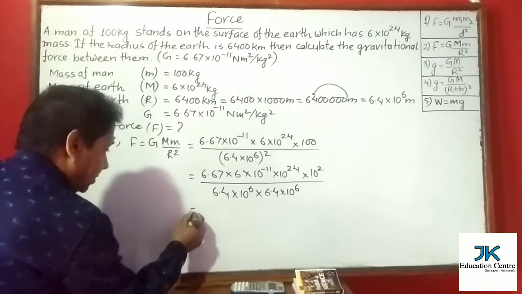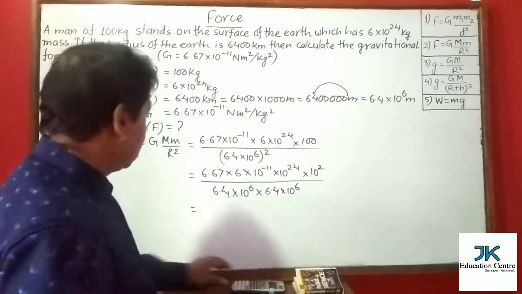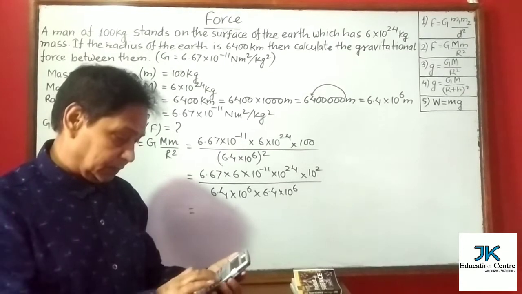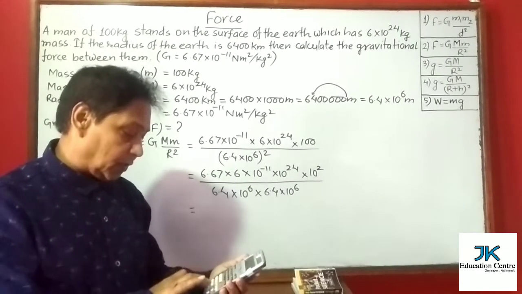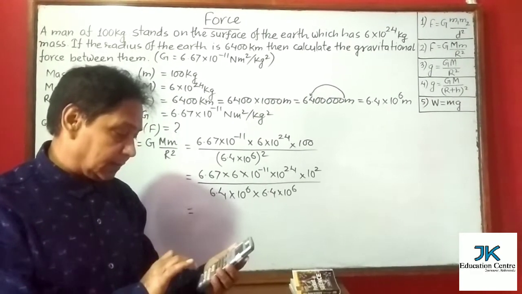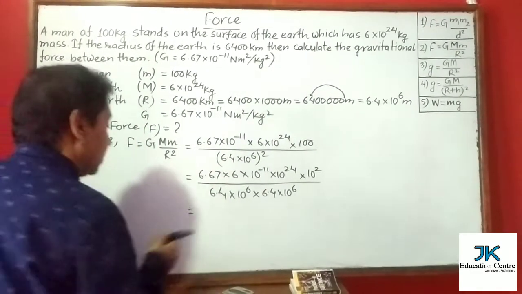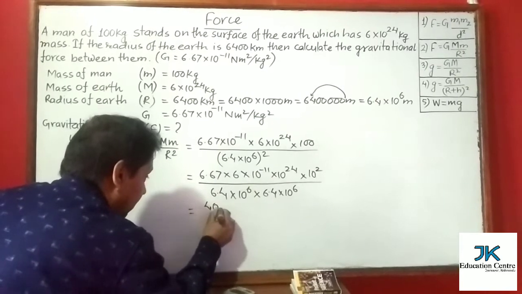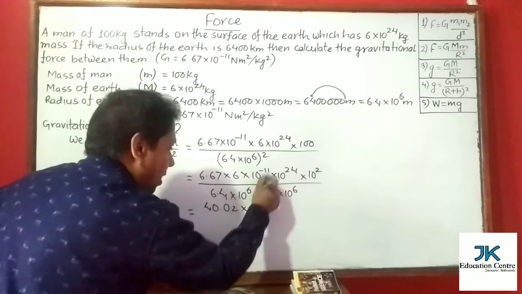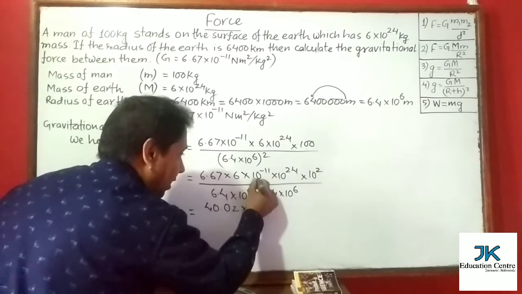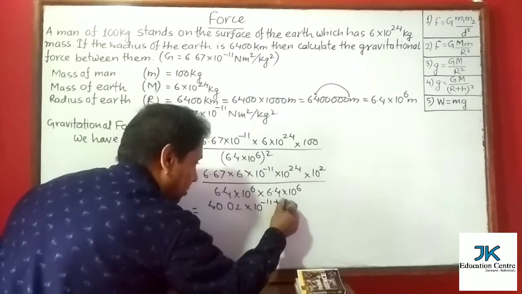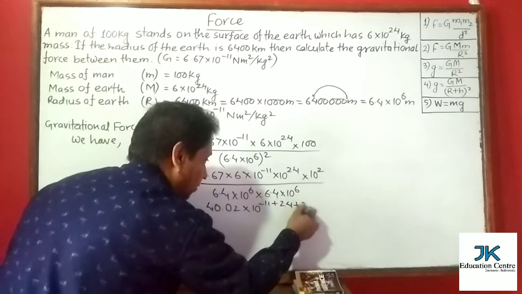Okay, now it's time to use the calculator. 6.67 into 6 is equal to 40.02. 40.02 into 10 to the power minus 11. If we have the same base, then powers can be added to each other, plus 24 plus 2.